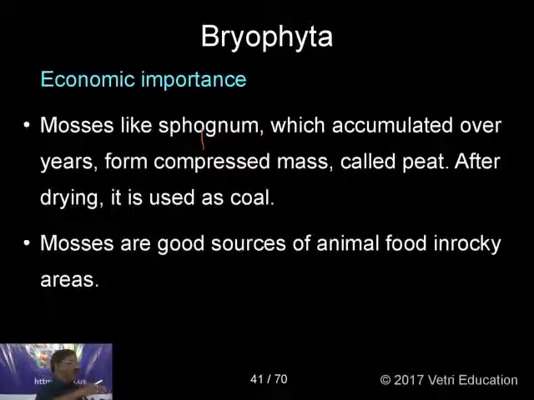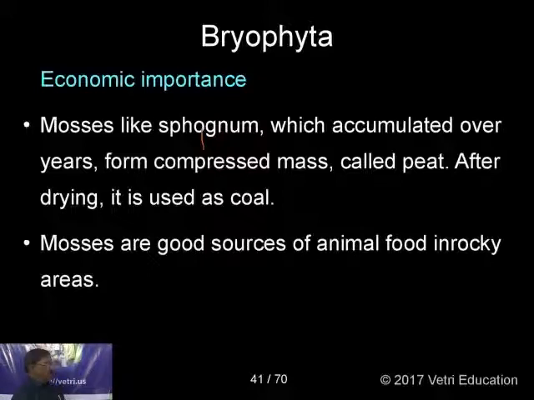They dry and mix with soil, and form a land-like structure in a particular area where it is compressed, and that is called peat. So this is called the peat. Sphagnum has many names. One is bog moss, another is peat moss. After drying, it is used as coal. It is used just like coal, it gives energy.